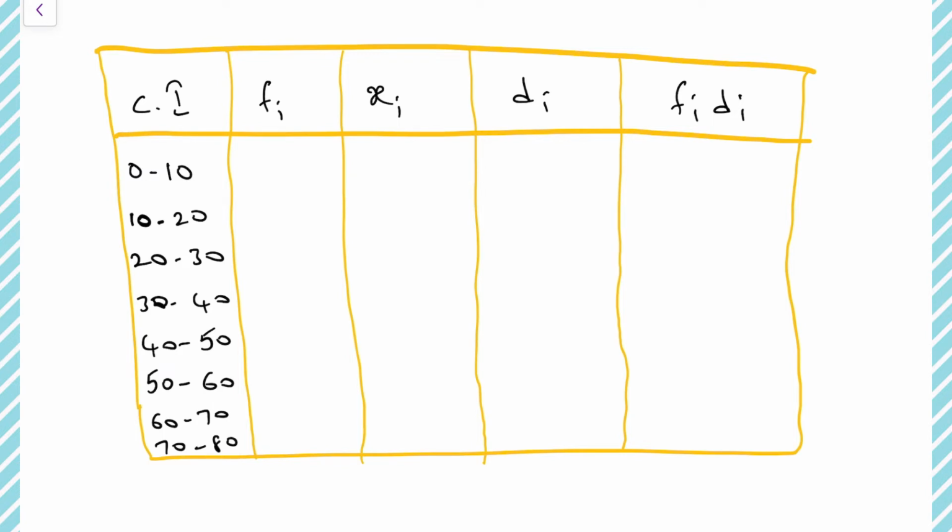And the frequencies are 5, 3, 4, 1, 2, 4, 8, 5. The class intervals and frequencies are given in the question itself, so I wrote them as it is.